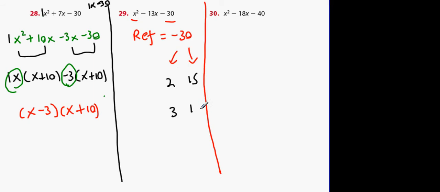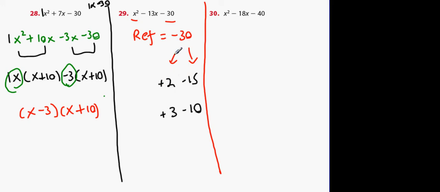And what you can notice is that they both sort of make 13. But what you have to remember is one of them has to be negative and one of them has to be positive. So the minus 3 and the plus 10 can't make 13. But the 2 and the 15 can make 13.